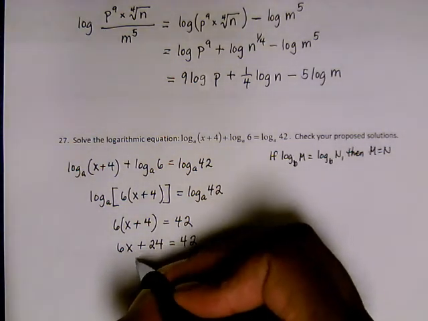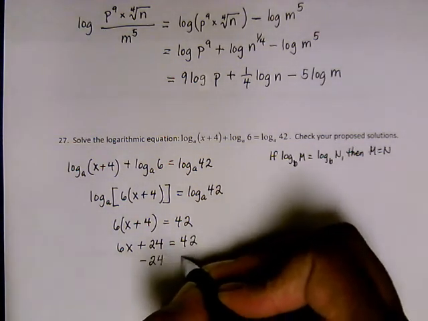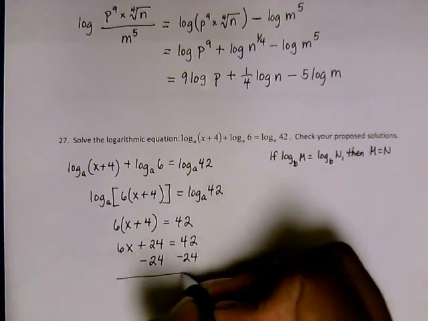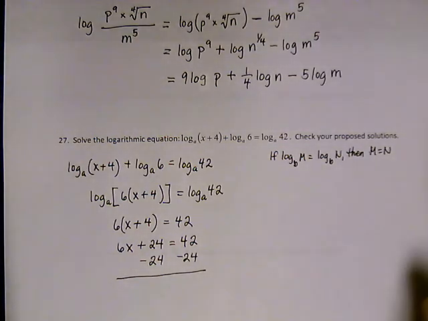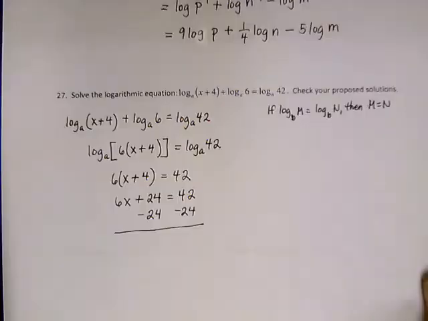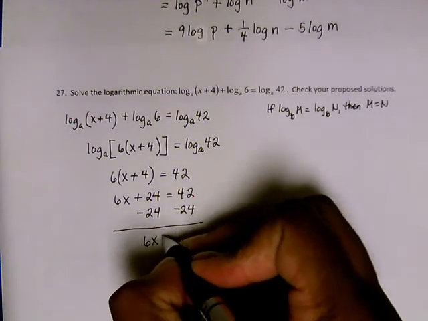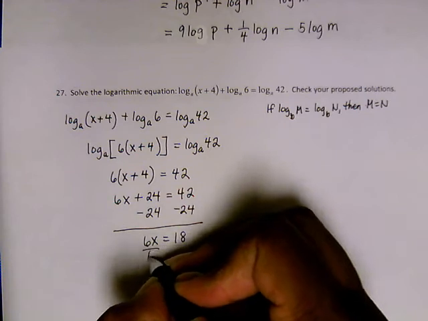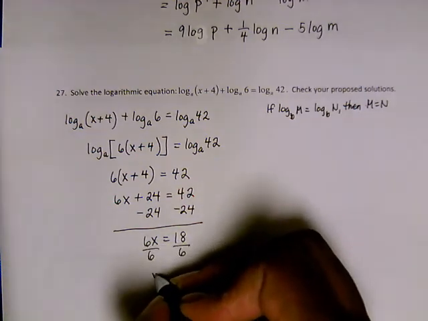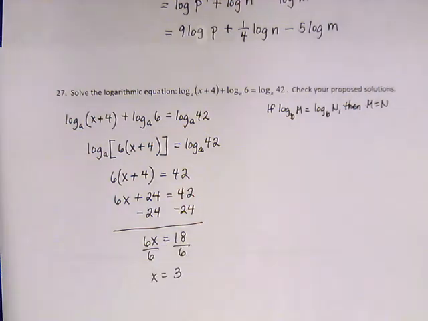And then I need to get the 6x by itself by subtracting 24 on both sides. So that means I'm going to have 6x is equal to 18. Divide both sides by 6. x is equal to 3.